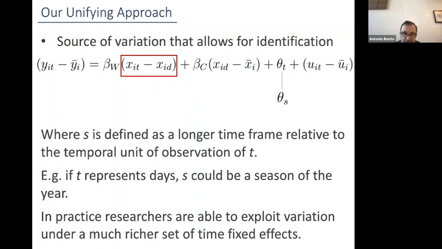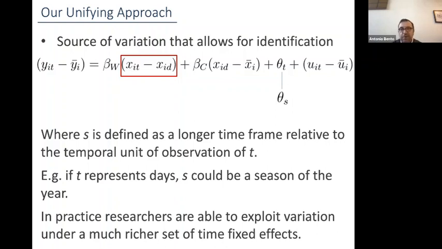So by the properties of the Frisch-Waugh theorem, we could actually define the fixed effects where S, as opposed to T, is defined as a longer time frame relative to the initial temporal unit of observation of T. So, for example, if T would represent days, S here could represent a season of the year.